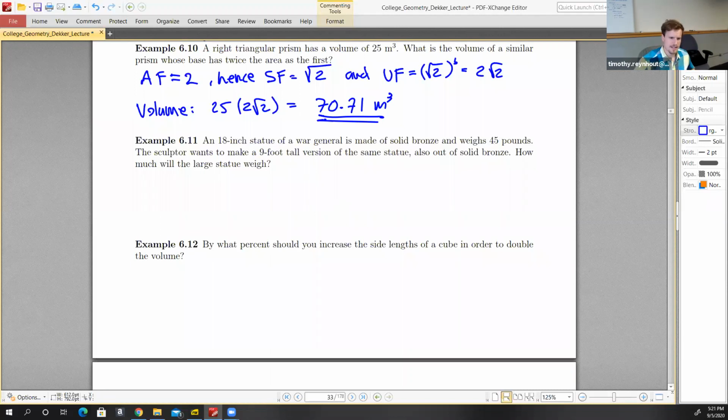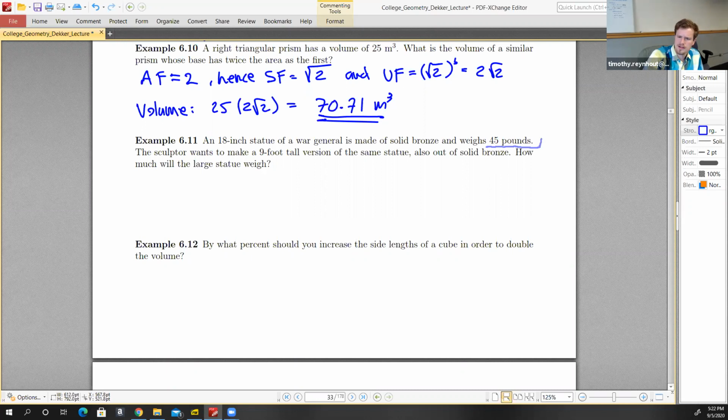So an 18-inch statue of a war general is made of solid bronze and weighs 45 pounds. The sculptor wants to make a 9-foot-tall version of the same statue, also out of solid bronze. How much will the large statue weigh?